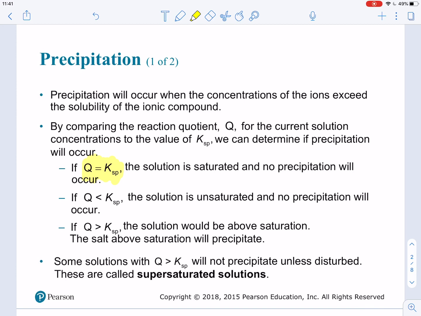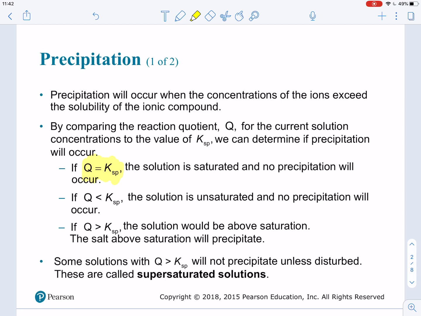It means that you have a saturated solution, but you will not observe precipitation. Now you are very close to that condition. You just have to increase the concentration of one of those things to start precipitation. But at that point, if Q equals the solubility product, there will not be precipitation.